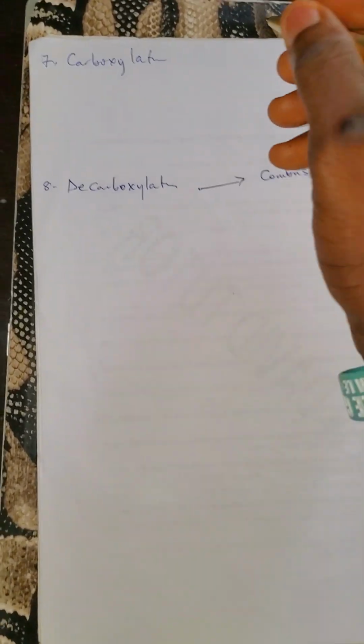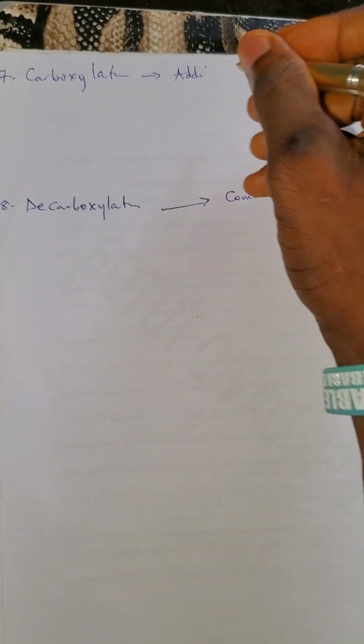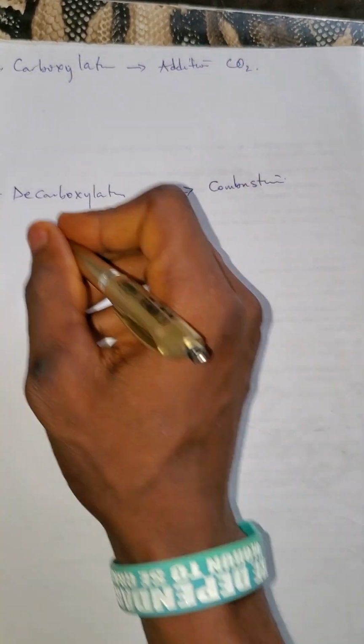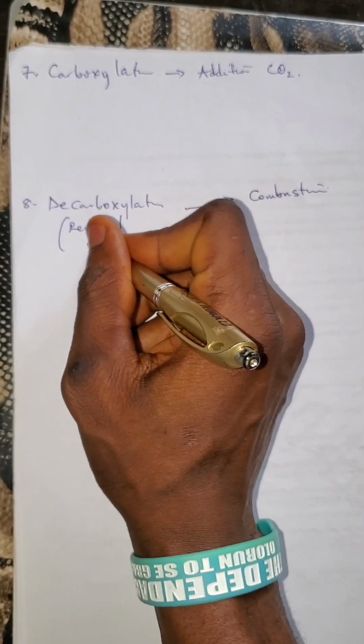Now, carboxylation means addition of carbon dioxide, that's CO2. And decarboxylation means removal of carbon dioxide, that's CO2.